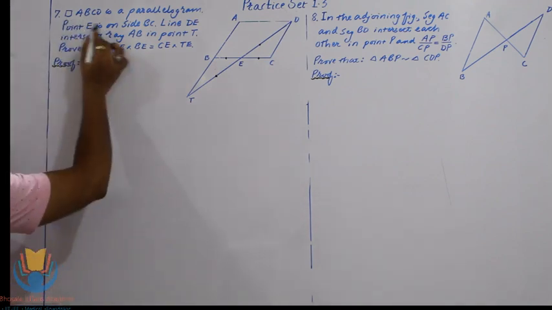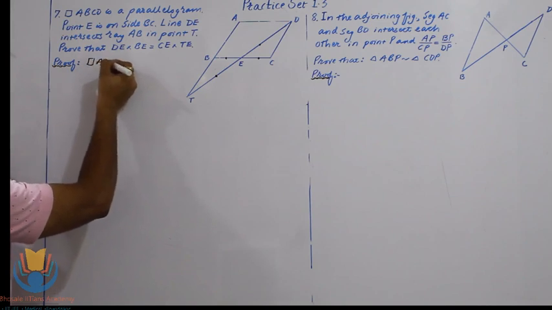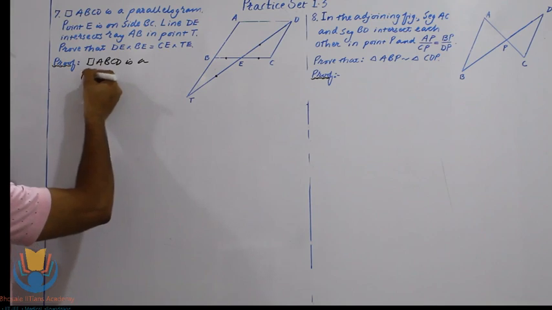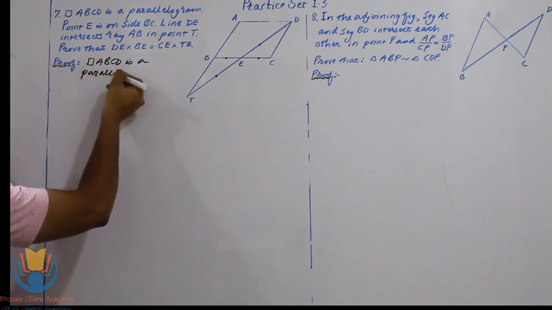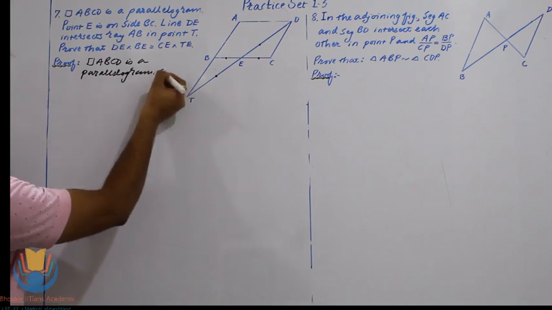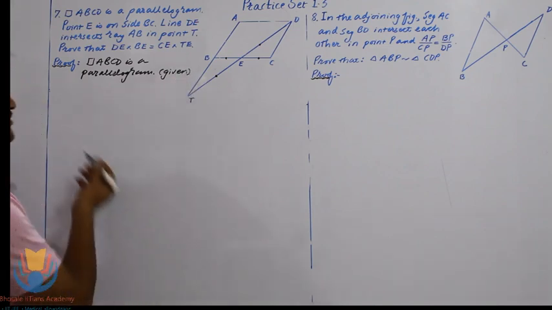So we will write the given part in the solution. That is, quadrilateral ABCD is a parallelogram. So this is given, and as we know opposite sides of a parallelogram are congruent as well as parallel.